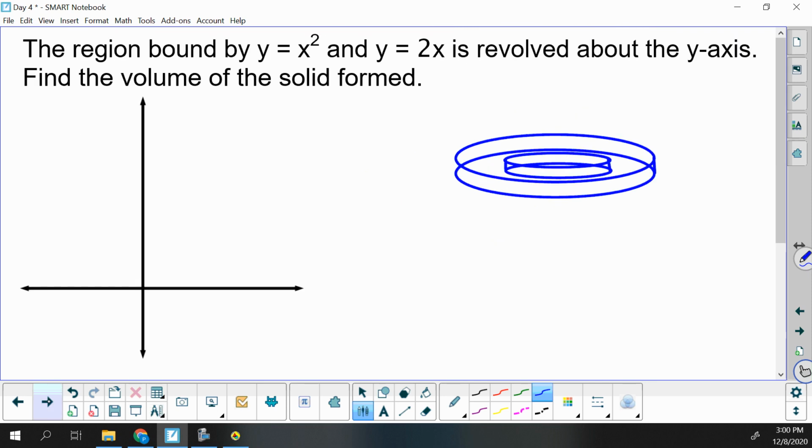All right, if we go to the next page, we've got x squared and 2x now. So x squared looks like that again. 2x has a y-intercept of 0 and has a positive slope, I should say. If you want to find where they're crossing, you can set them equal. We'll subtract the 2x over.